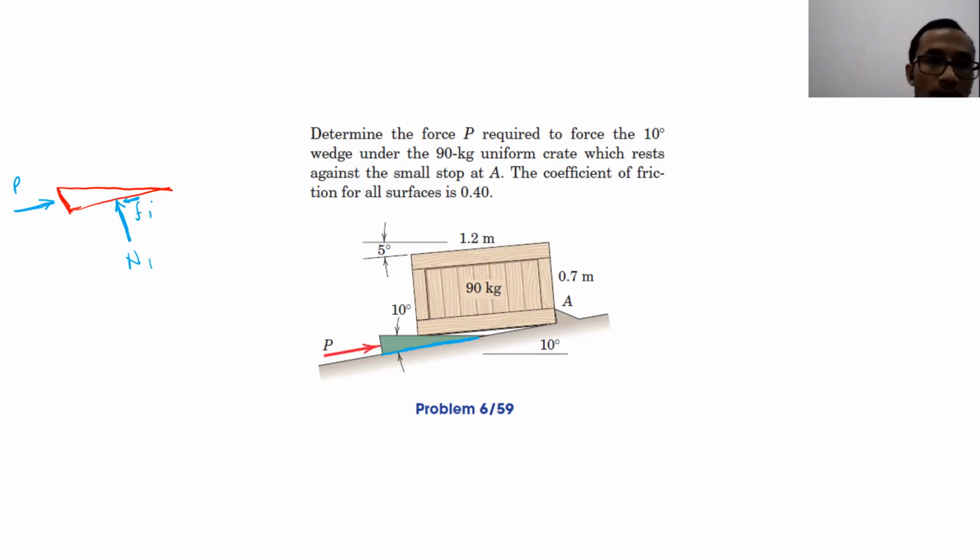Okay. F1 is supposed to be what value in terms of N1? 0.4 times N1. Correct. 0.4 times N1. Okay, now the top surface. Where's the direction of the normal force?